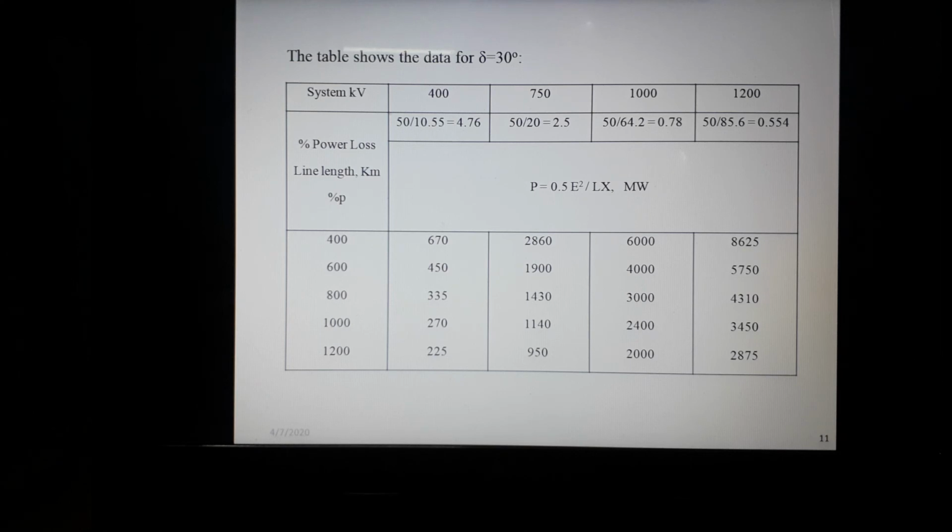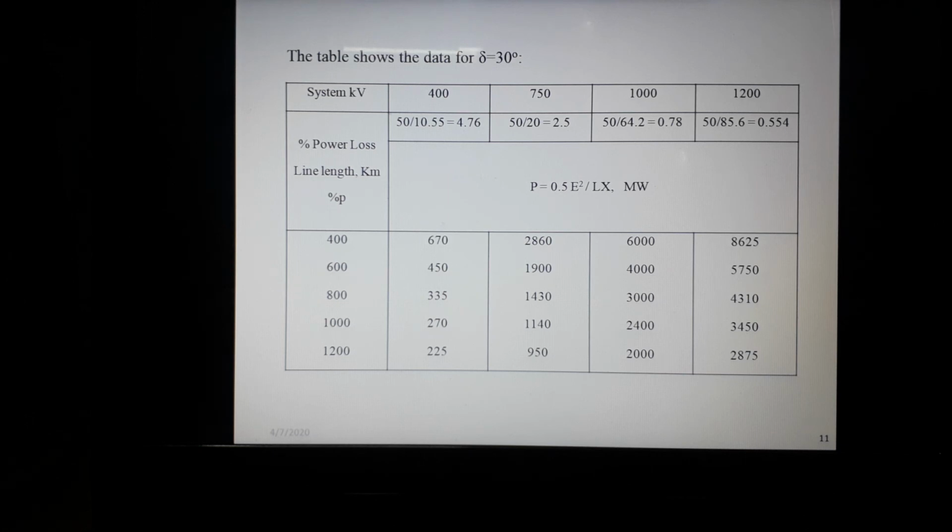That is given in megawatts. So power transfer through the transmission line for 750 kV, 400 kilometer line, is equal to 2860, for 1000 kV 400 kilometer length of line it is equal to 6000, and 1200 kV 400 kilometer is equal to 8625.